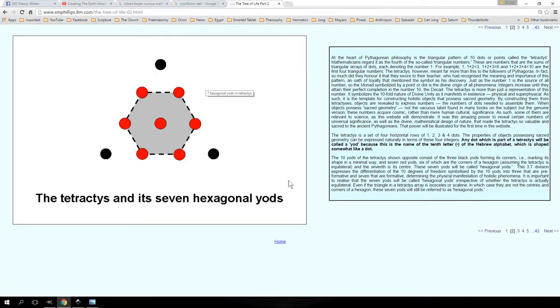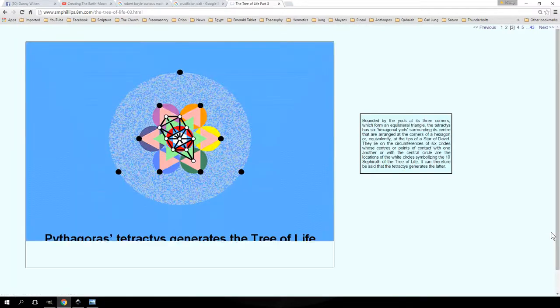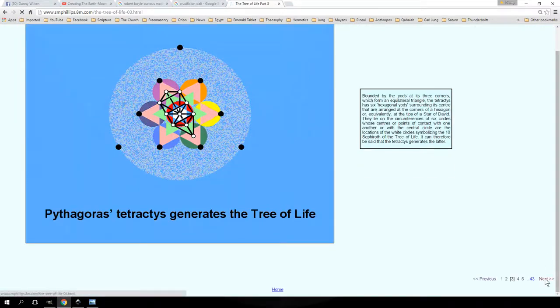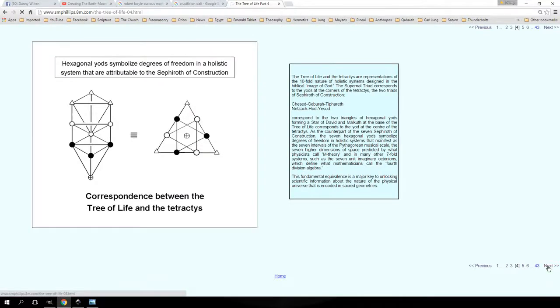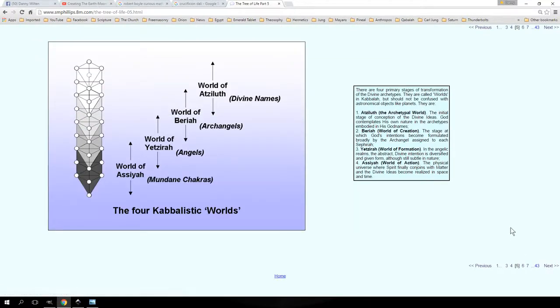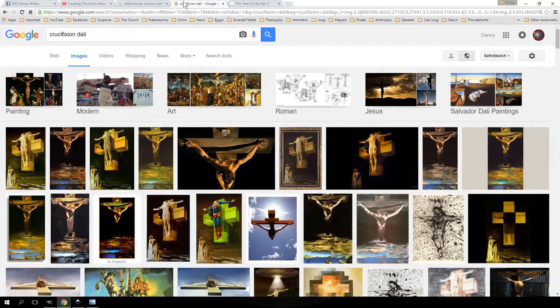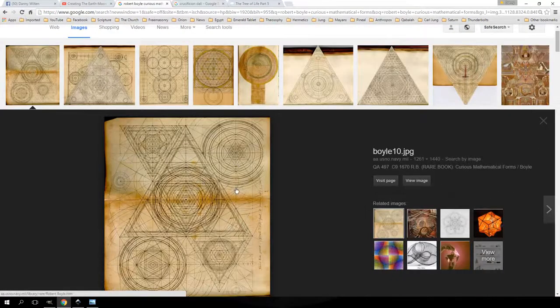We see this, another version of the cube. And we see that this stuff is embedded in the Tree of Life. And we know that the Christ on the cross is another image of the Tree of Life. And then we have these four worlds, and the four worlds keep coming up in the alchemy drawings and stuff like that. Okay, so this is very esoteric stuff.